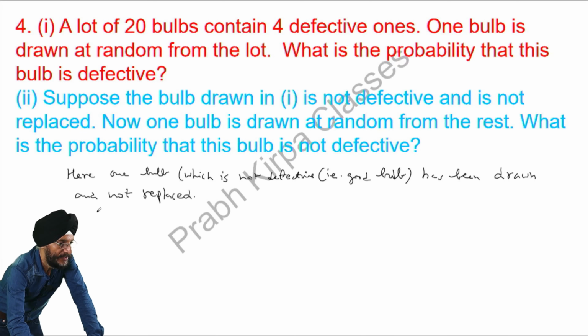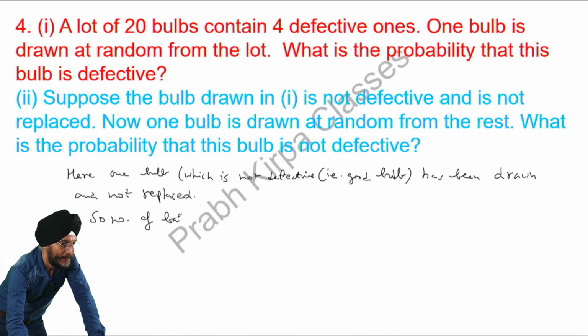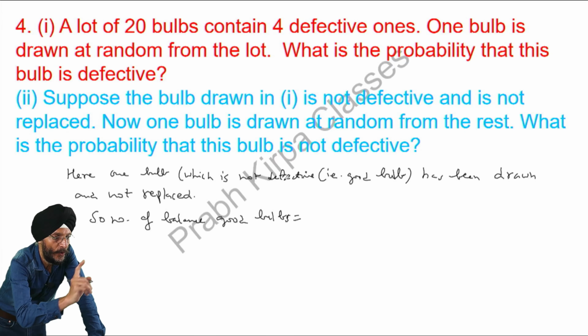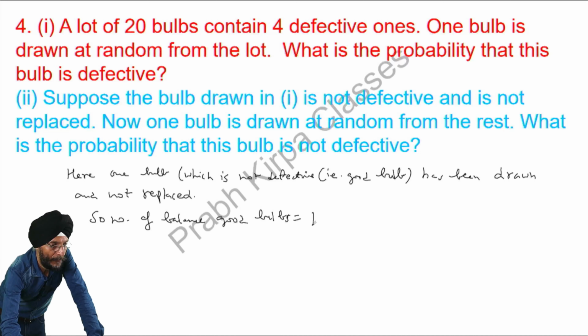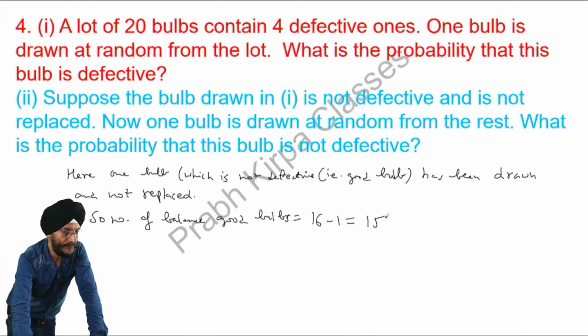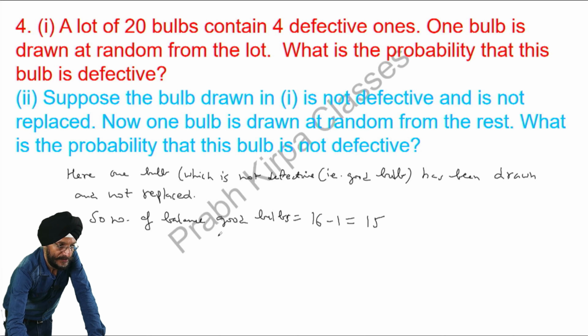So the number of balance good bulbs, we had learnt that there were 16 good bulbs. So now the number of balanced good bulbs are 15. The number of defective bulbs, these remain the same.